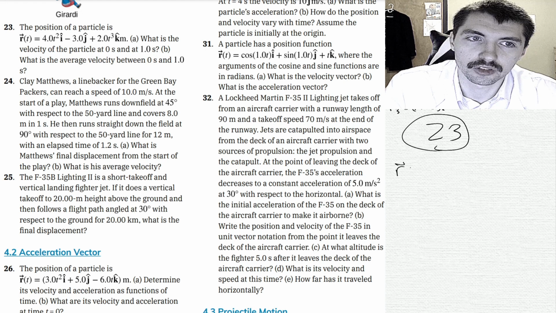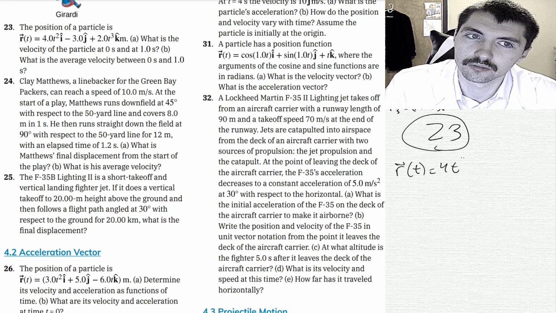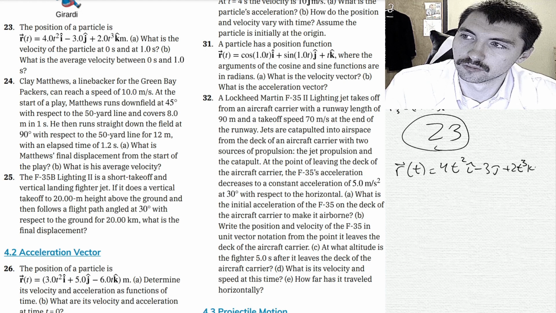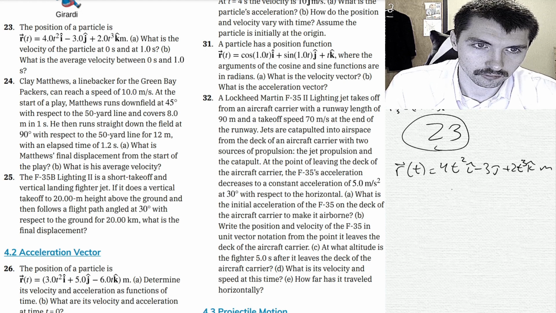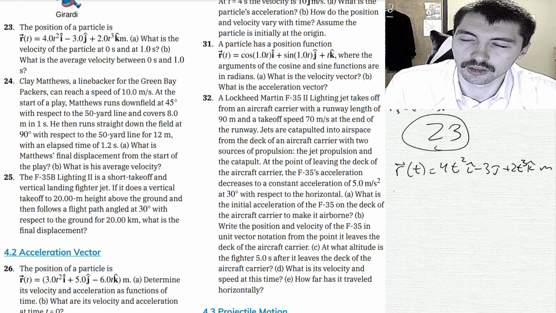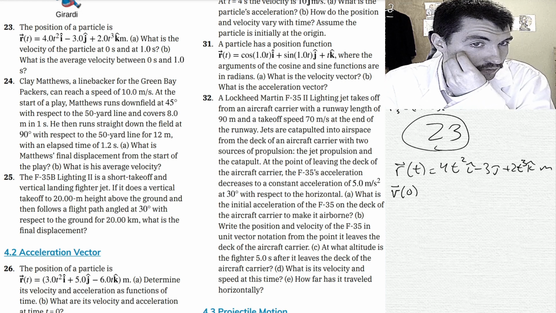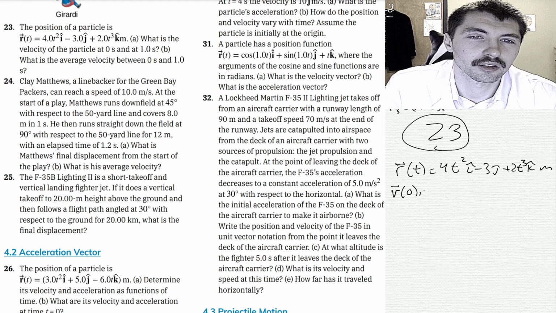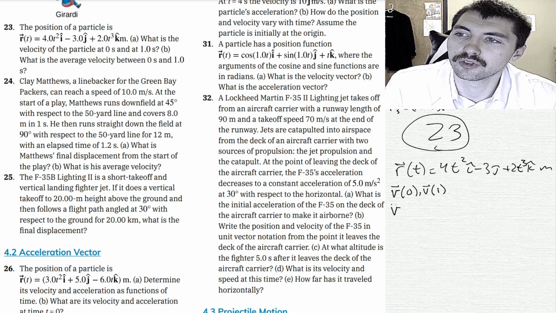Okay, so we're given a position function. So we want to find v at 0, and v1, and then we want to find v average.